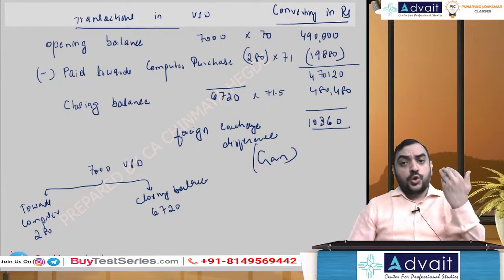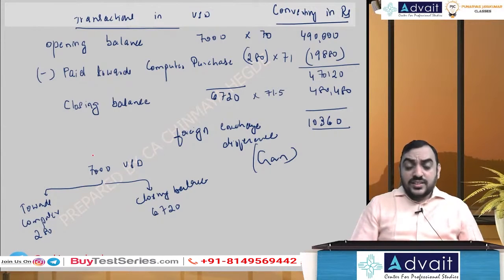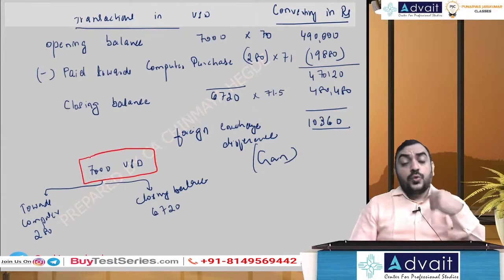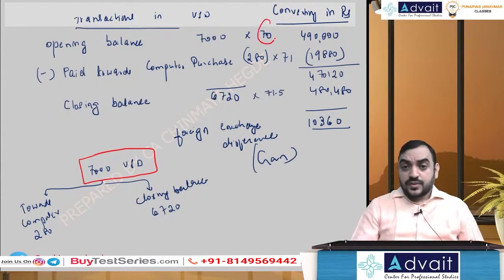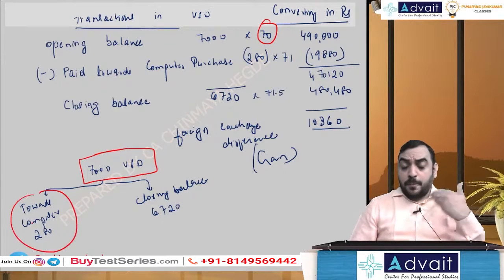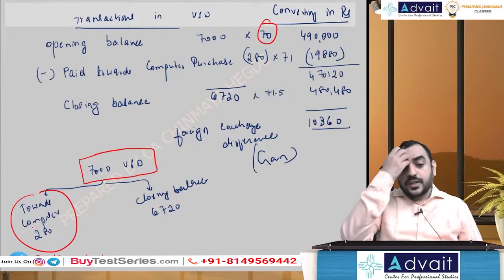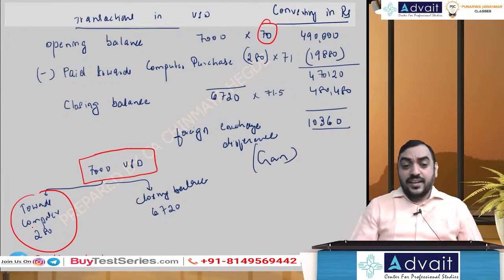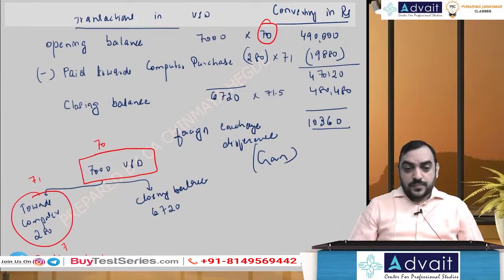Now, if you want to understand the exchange difference, USD opening balance is valued at 70 rupees opening rate, and towards the computer purchase is valued at 71 rupee, which means you need to account as 1 rupee gain, right? This was 70, this is 71, so 1 rupee increased, so 1 rupee gain. So if you calculate, 71 minus 70 whole multiplied by 280, you get 280.